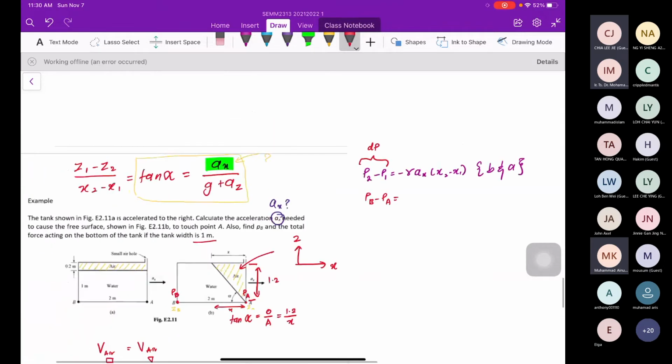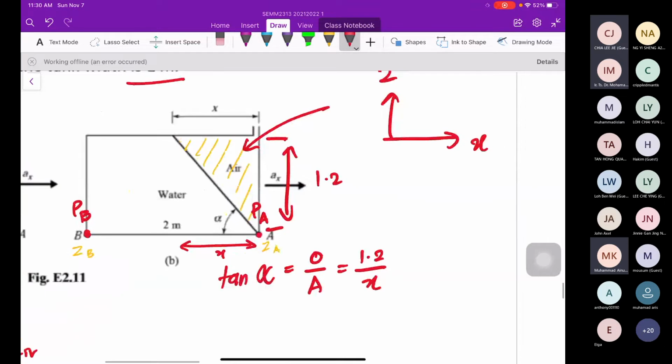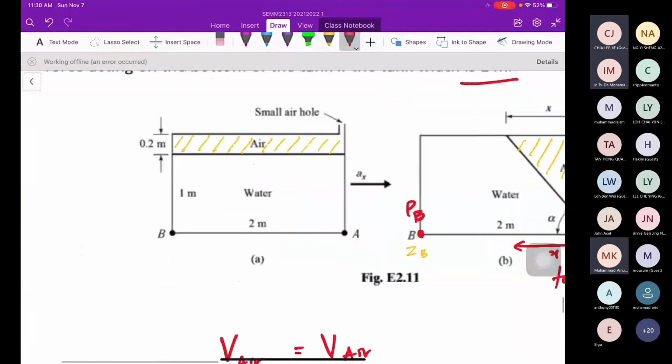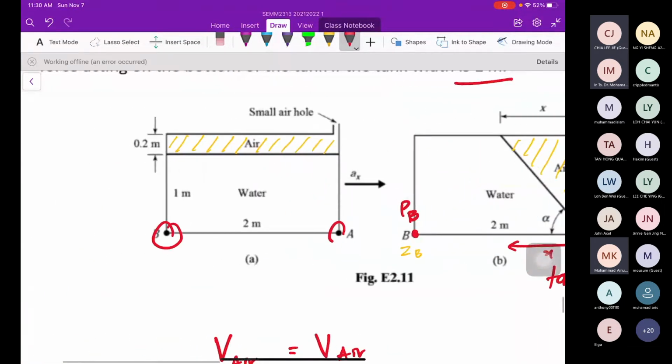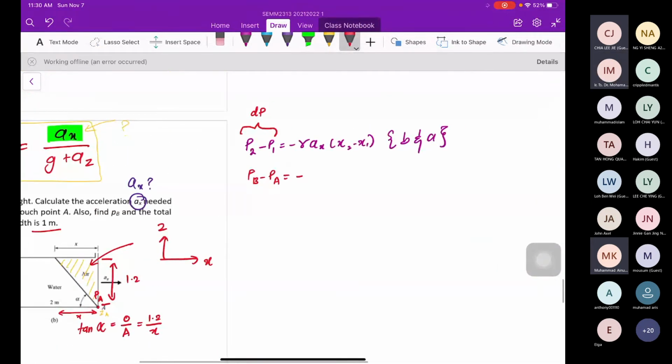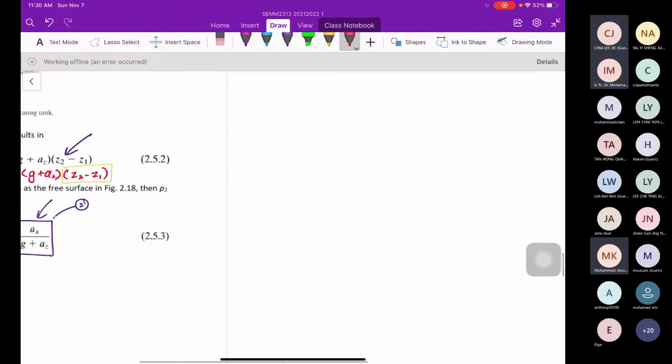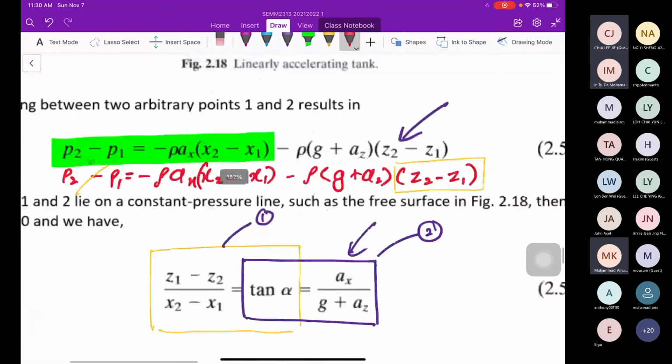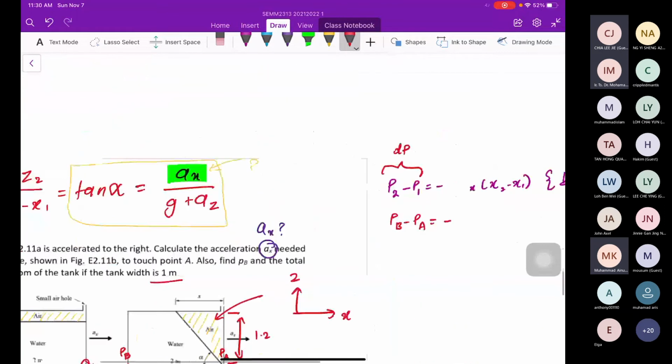I want to calculate the difference in pressure at point A and point B. After negative rho, this is not rho, this is G. Because you can see here, it is rho, not gamma.